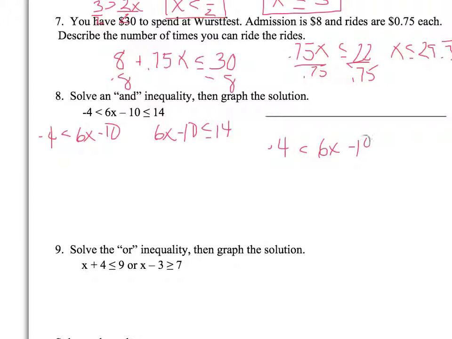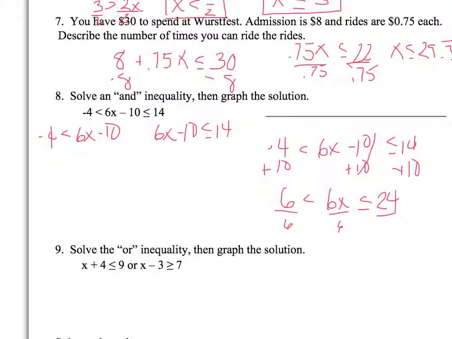We can add 10 to both sides, which, since we're technically doing 2 inequalities, that really means 3 sides. So it's going to be 6 is less than 6x, that cancels out, is less than or equal to 24. Last step to solve for x, I'm going to divide everything by 6. So 1 is less than x is less than or equal to 4.